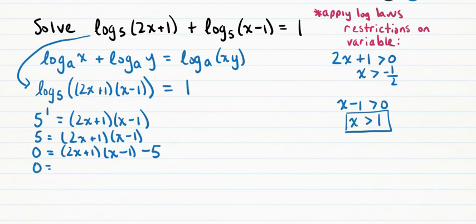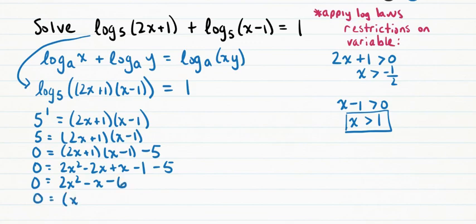So if I expand and simplify this, I get 2x squared minus 2x plus x minus 1, and the minus 5 on the end here. So that is 2x squared minus x minus 6. And the factored form of this is x minus 2 times 2x plus 3.